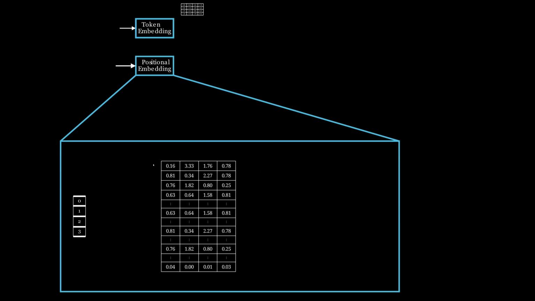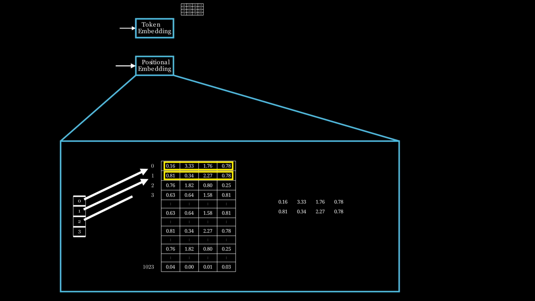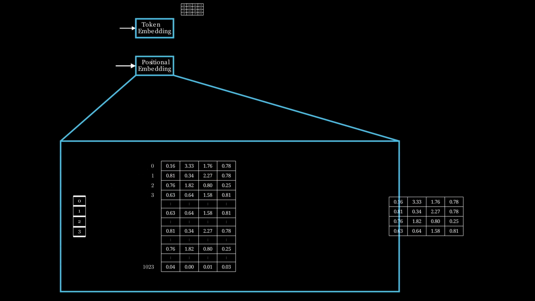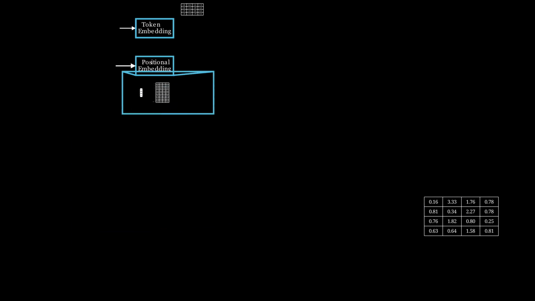And for each position 0, 1, 2 and so on, we have a 4-dimensional vector. For our positions 0, 1, 2, 3, we look up rows 0, 1, 2, 3 from this table, giving us another 4x4 matrix. Positional embeddings tell the model, this is the first token, this is the second, and so on. So it can distinguish between, let's say, I am and am I.